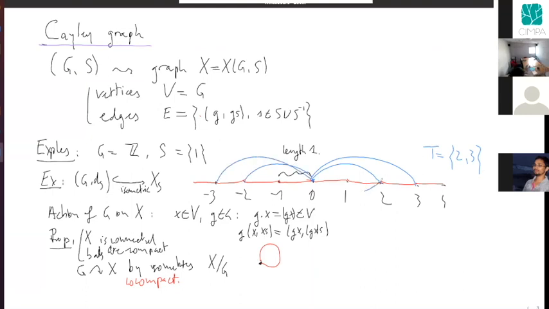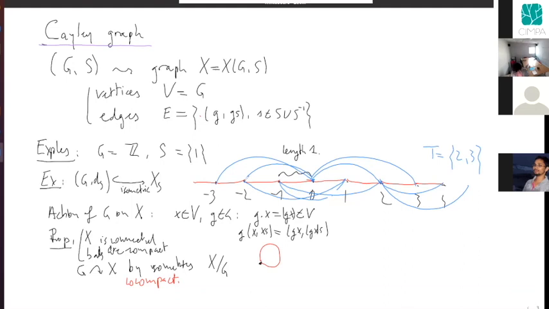And now 2 is attached to 0, but also to minus 1, and also to 4, to 5, and 1 will be attached to minus 1 as well, because it's minus 2 from 1, and also to minus 2. And you see, the graph is different, but it looks a little bit the same if you look from far.